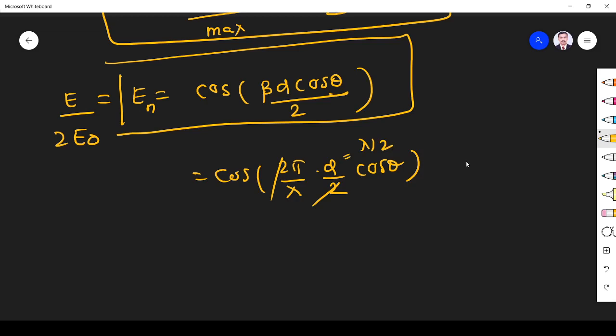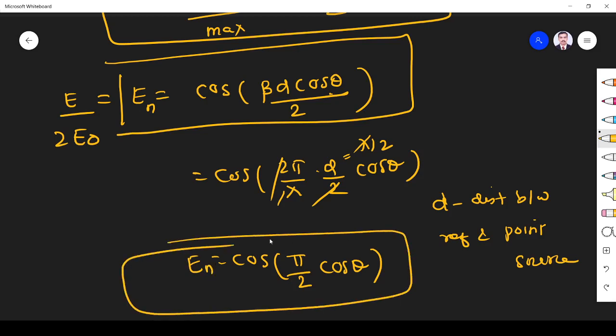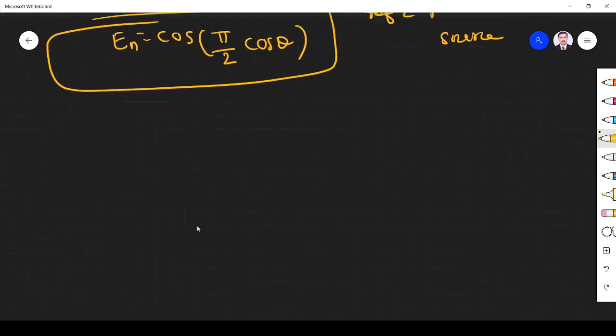That is the distance between the reference and the point source, that we know. So lambda cancels, and it is cos of pi by 2 cos theta. That is what En, or simply E, is. So this is the electric field due to two identical point sources fed with the same current and the same phase.